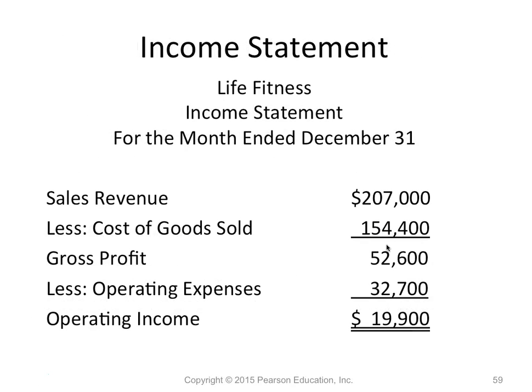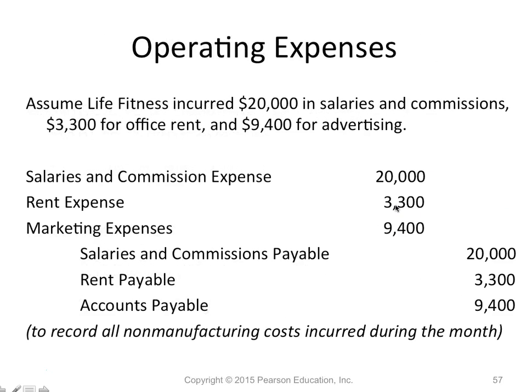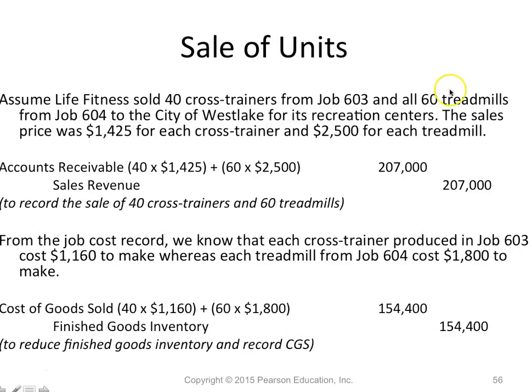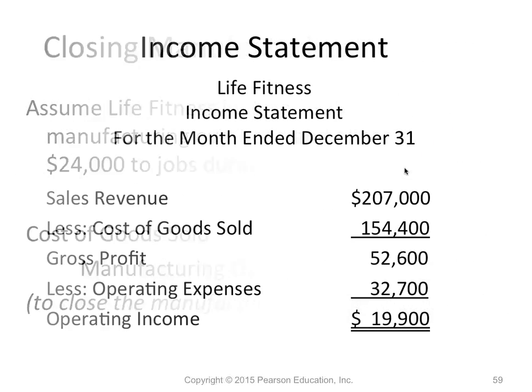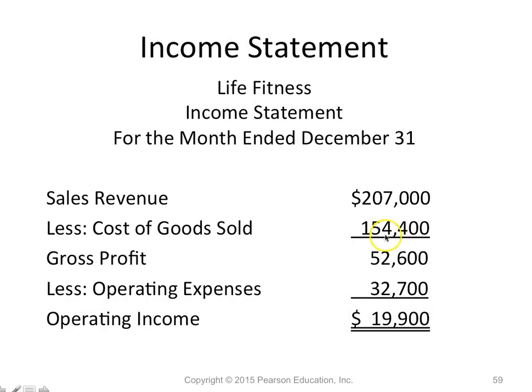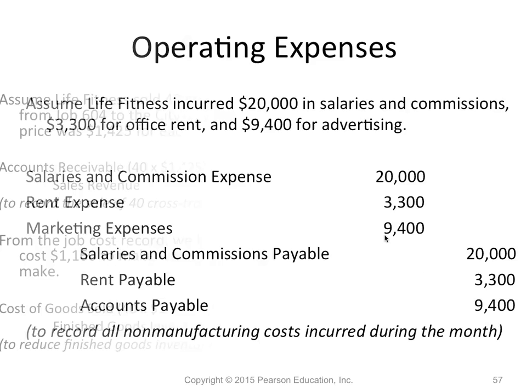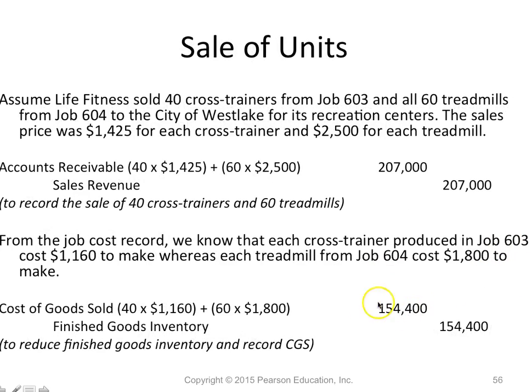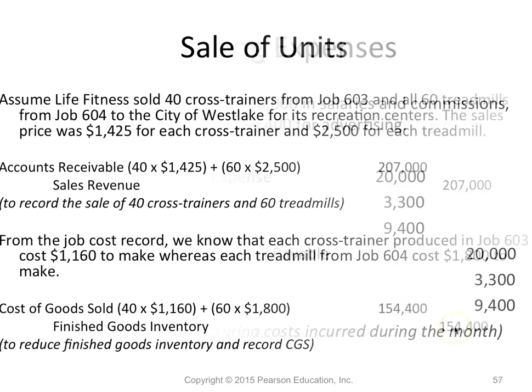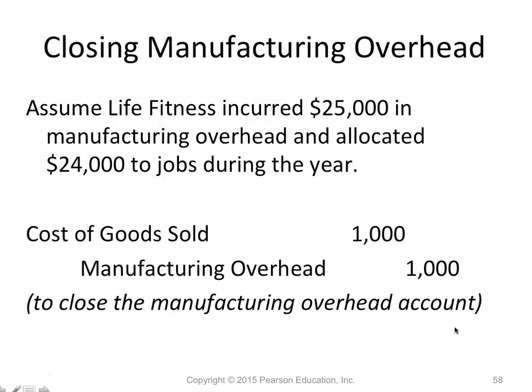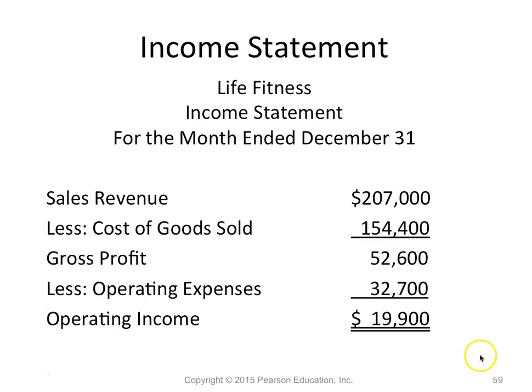So now we'll put it all together. We can find an income statement. Sales revenue is $207,000. And if you want to go back and find out how we get to this number, it's in here. And our cost of goods sold is $154,400, and it's also in here. We have calculated it. And we have a gross profit.